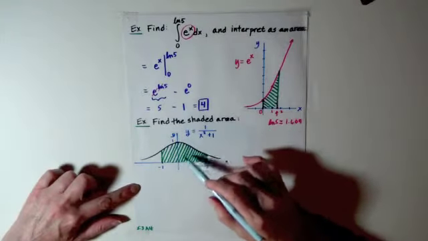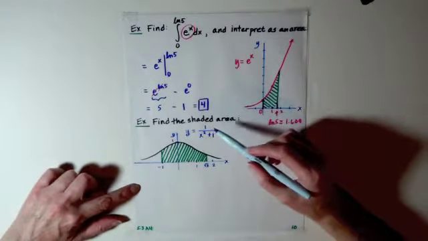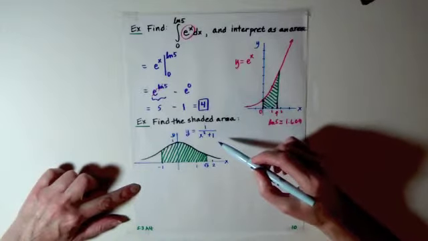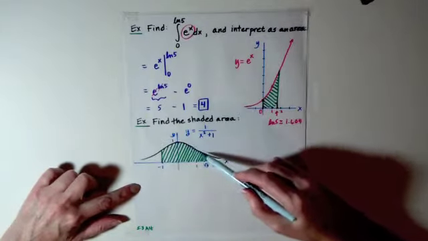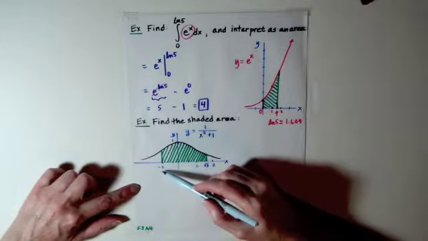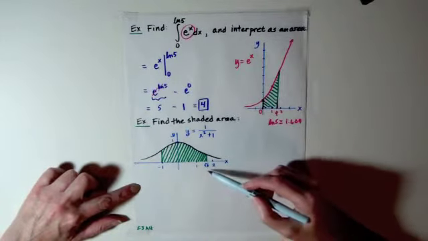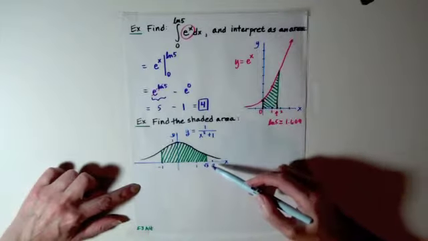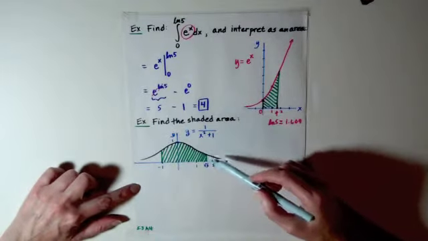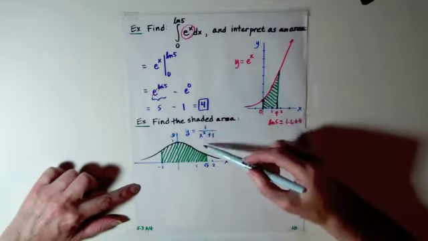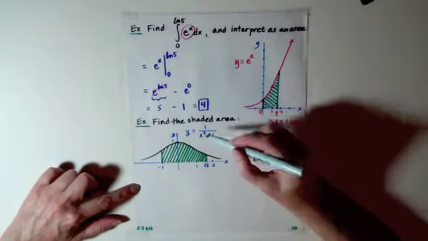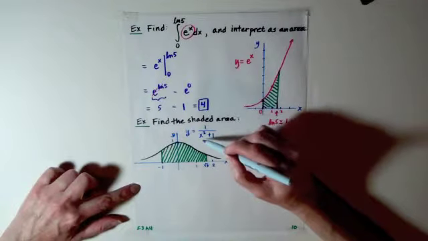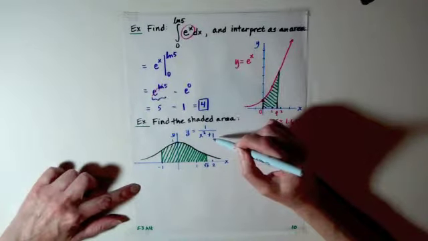Here we're asked to find this shaded area underneath the curve 1 over x squared plus 1. Well, I notice that this curve is definitely above the x-axis on this interval from -1 up to root 3 that's shaded in. And I also notice that it is a continuous function. It's a rational function, and the only place a rational function would be discontinuous is where the denominator is 0, but x squared plus 1 is always positive.